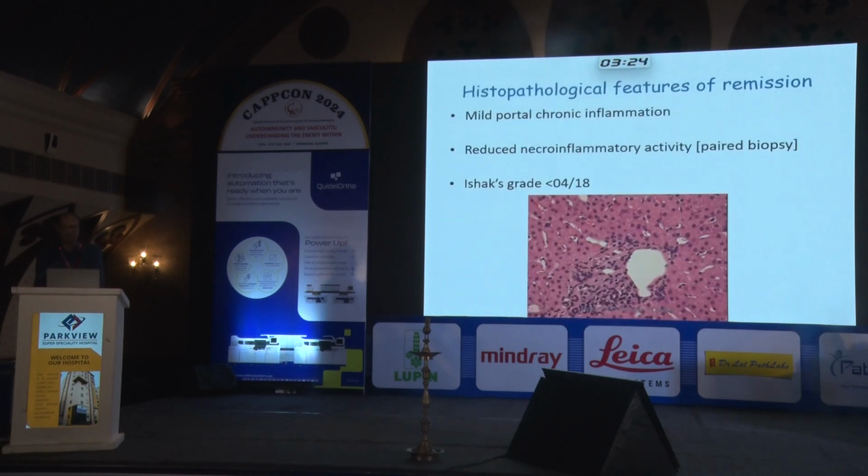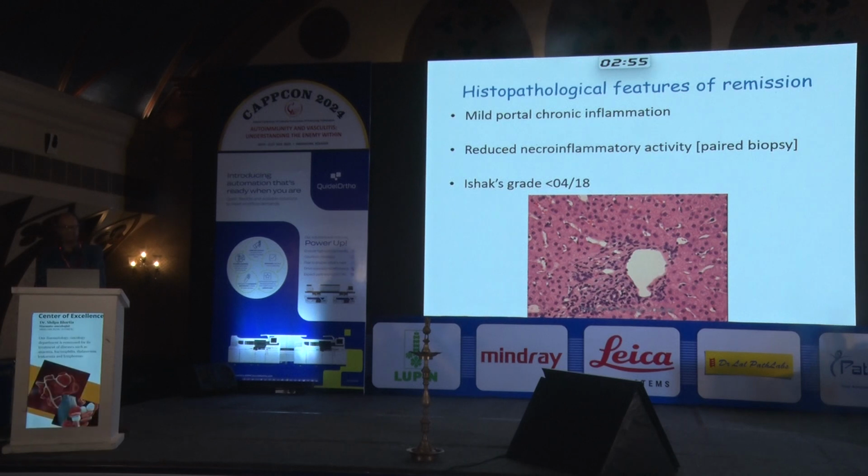So when do we call a patient in remission? Usually clinicians follow ALT and absence of hyperglobulinemia to say the patient is in remission. But studies have shown that though the patient is in serological remission, they are not in histological remission, especially in cirrhotic patients. So nowadays, sometimes a paired biopsy is done, though mostly in research settings, not routinely.